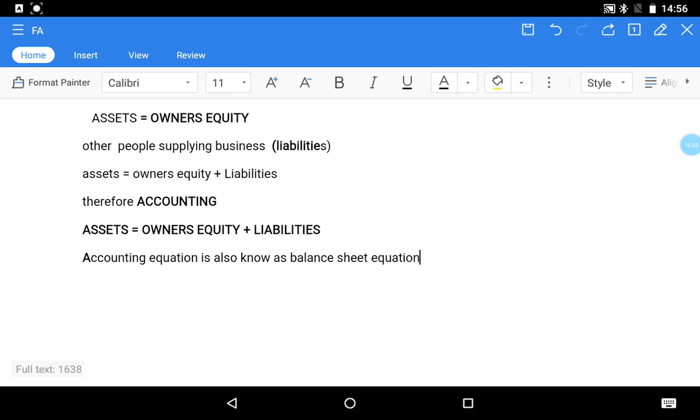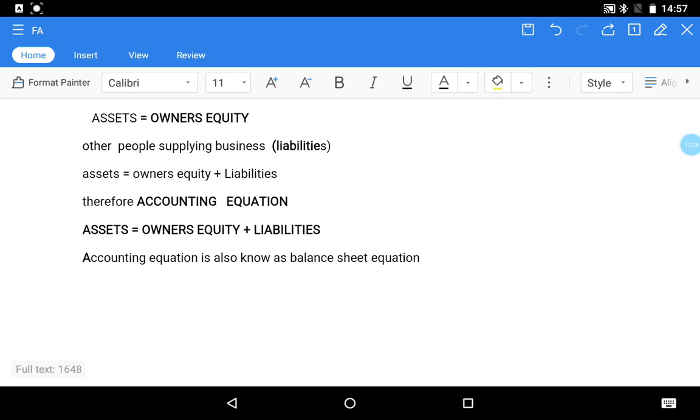Maybe the reason why it is called the balance sheet equation is that when you check all its components, assets, owner's equity, or liabilities, those are components of financial position. So you need balance sheet components to do the accounting equation.